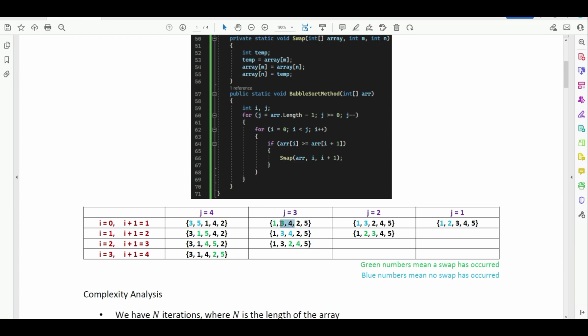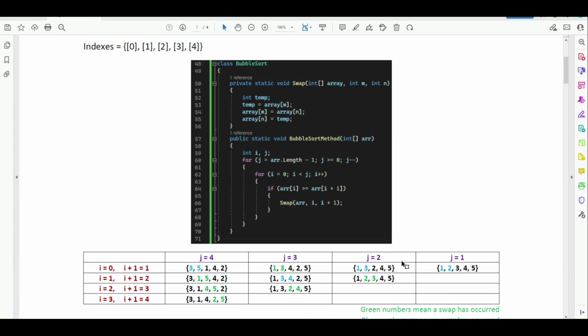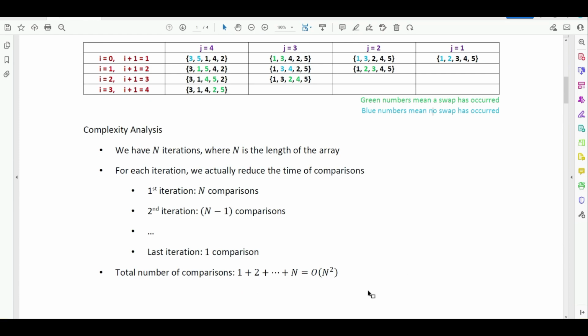Then we are looking at these two numbers. The 4 is greater than 3, so we don't do a swap. Then we look at these two numbers. 2 is less than 4, so we do a swap here. And then we just do that all the way to the end. So we get down to j equals 1, which means we're only looking at these two numbers here. And that is how this bubble sort occurs here.